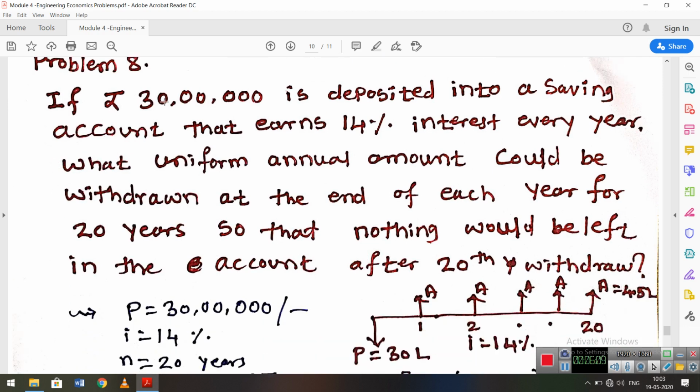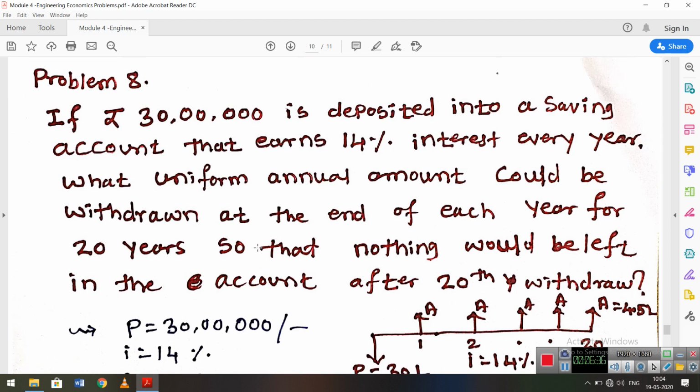If Rs 30 lakh is deposited in a savings account that earns a 14% interest rate every year, what uniform annual amount could be withdrawn at the end of each year for 20 years, so that nothing would be left in the account after the 20th year? It is a similar type of problem involving the bank. A person after retirement deposits the pension amount into the bank.